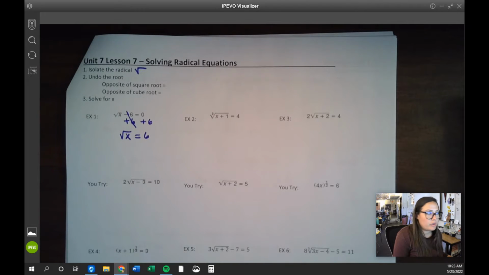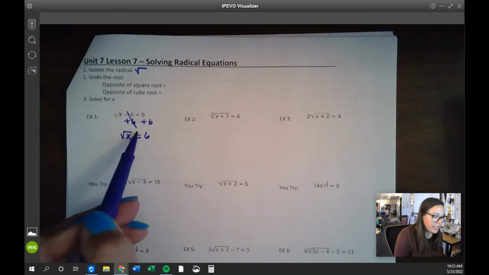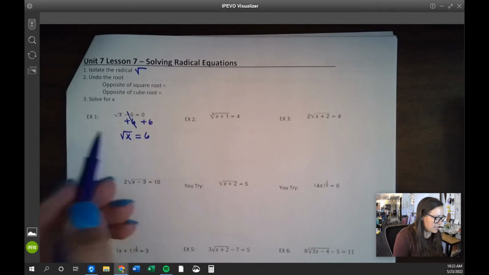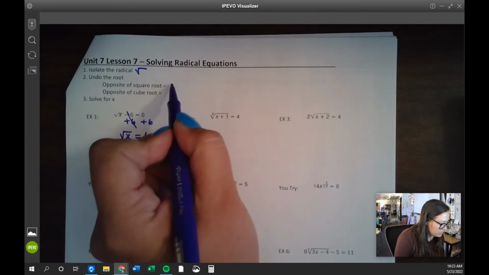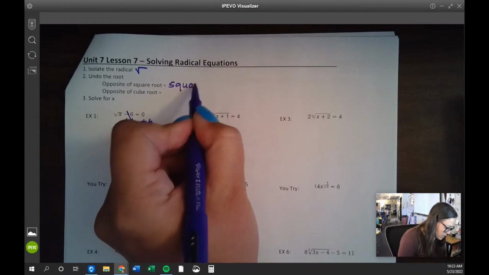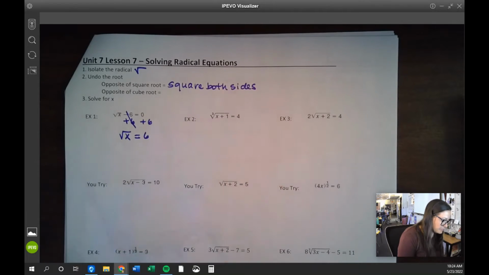Now, step 2 is to undo the root. So I have to undo taking the square root of x. And the opposite of square root is squaring. Square both sides.